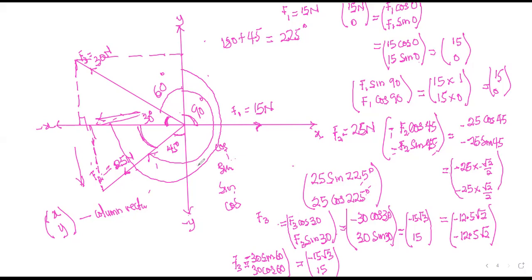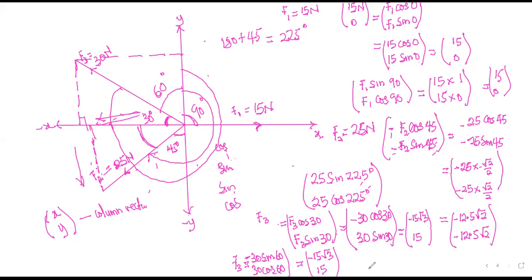So this is 270 plus 30 degrees. What is 270 plus 30? 300 degrees. So that is 300.